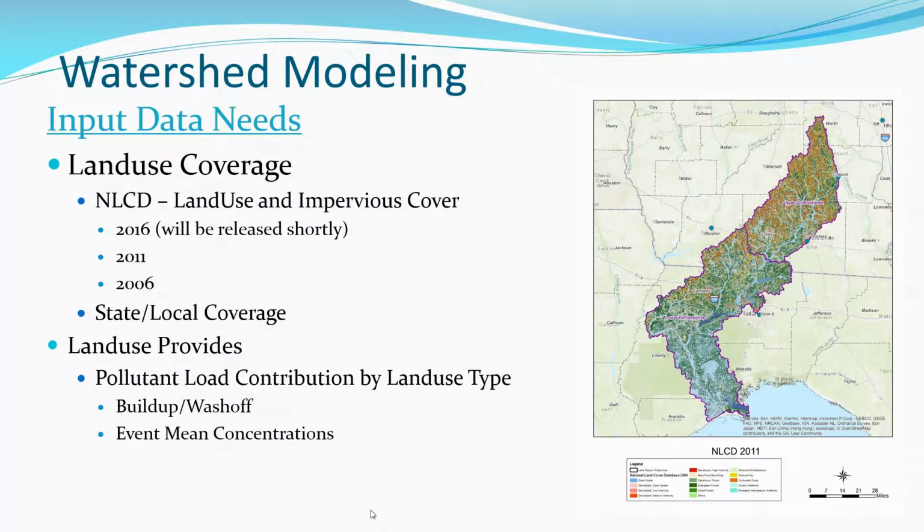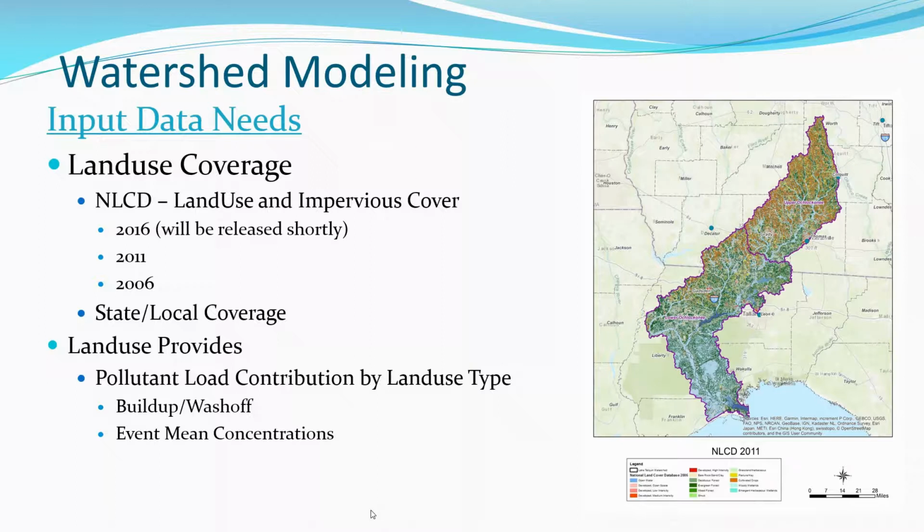The most commonly used one is something called build-up and wash-off, where for each individual land use type there's a different rate at which pollutants build up on the watershed as a function of time between rain events, and then there's a function that you could use to define how much of the pollutant that built up on the individual land use types would wash off. For agricultural processes, you can actually put in fertilization rates as well. That would be part of the build-up and wash-off.